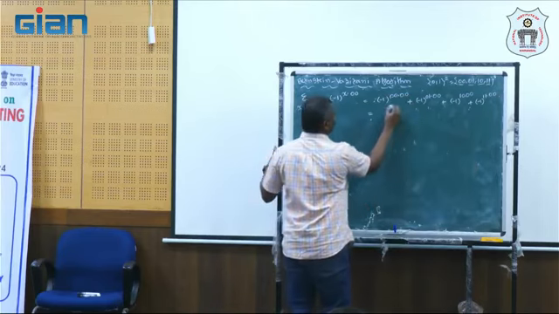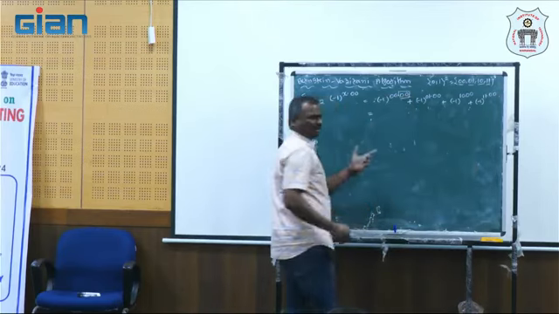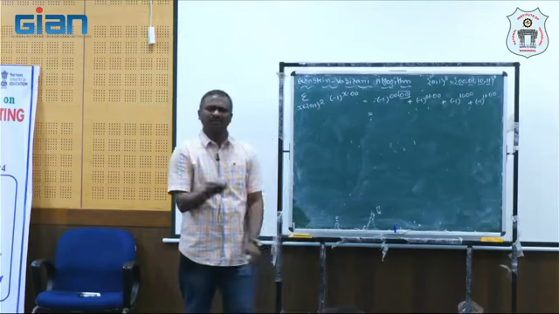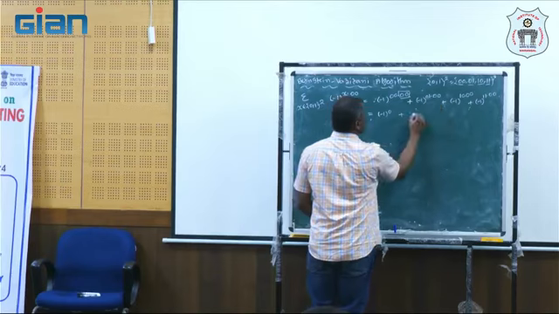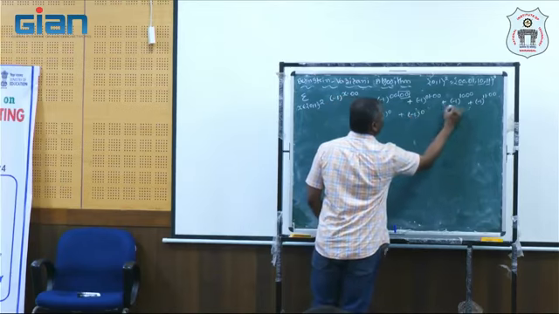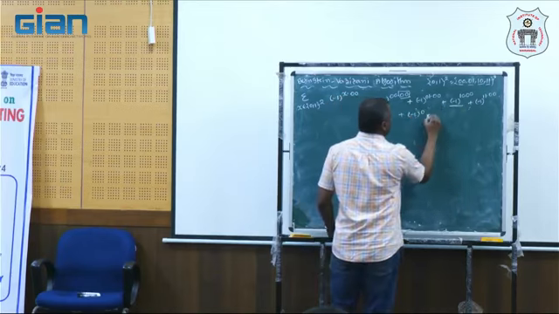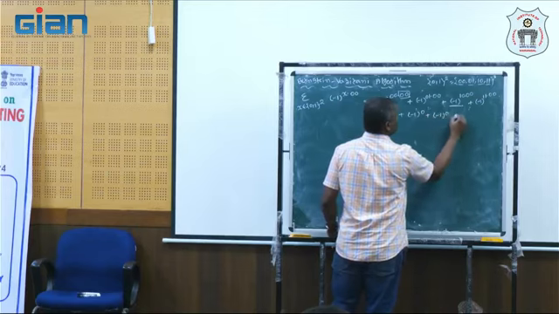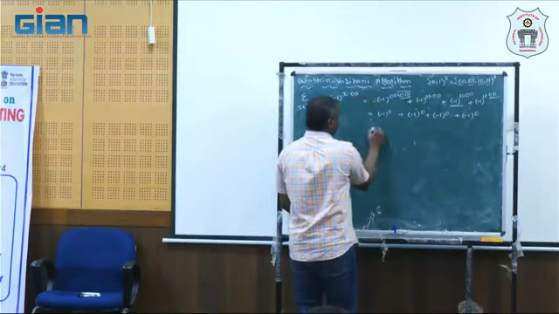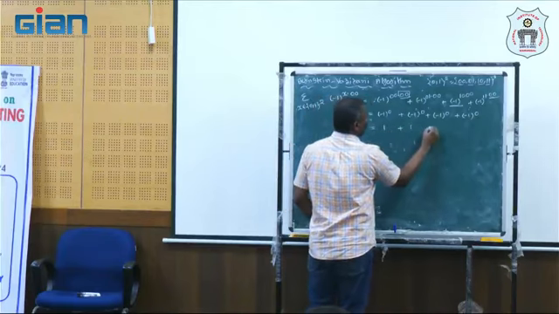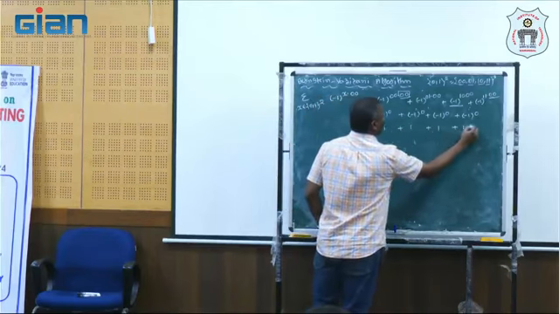We know that if you take the dot product with 0 0, we get 0 only, so each term is minus 1 whole power 0, which is 1. Minus 1 whole power 0 is 1, so the sum is nothing but 4.